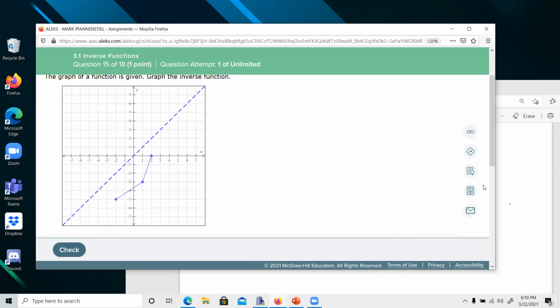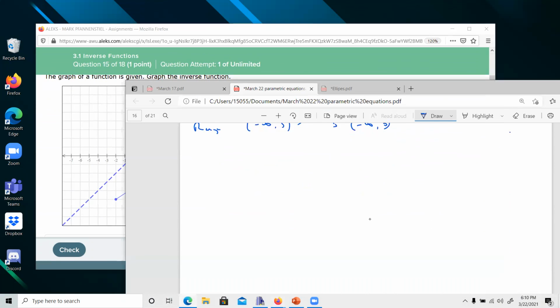One of the things that we're going to talk a lot about is, here's my t-table for f, here's my x's, here's my y's. For f inverse, we're going to use this in the next section, here's my x's and here's my y's. So the domain swaps over to the range, and the range swaps to the domain.